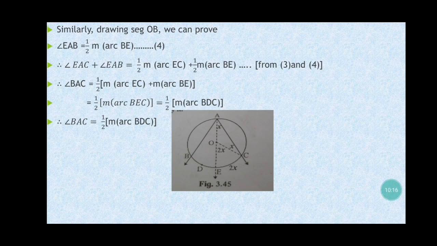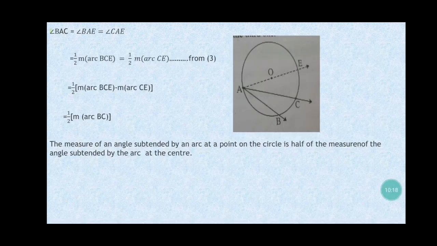Clear? Next. Now here what is given to us? Given part is angle BAC. Angle BAC is equal to angle BAE minus angle CAE. Okay. Now measure of angle BAE will be equal to half the measure of arc BCE.